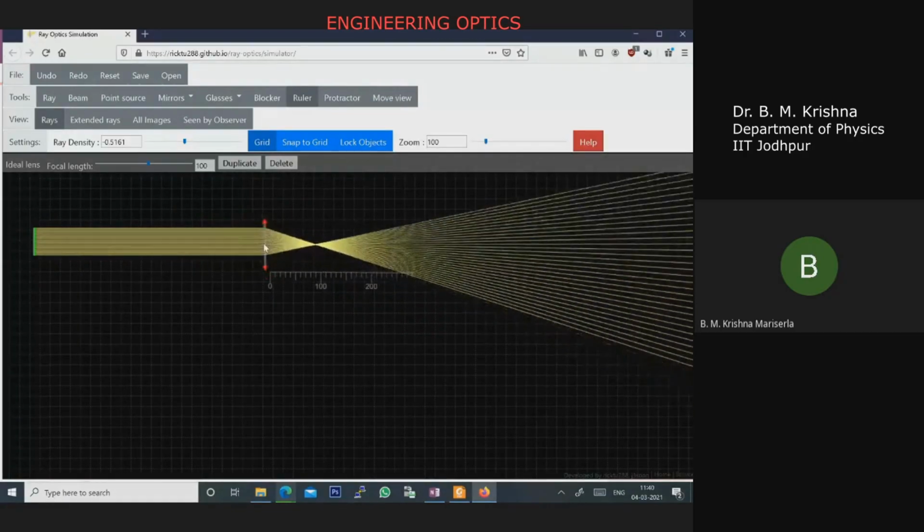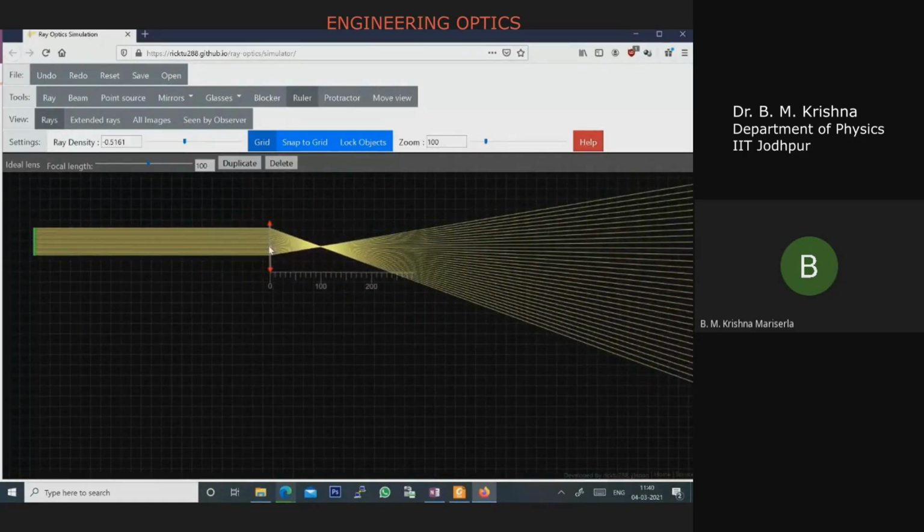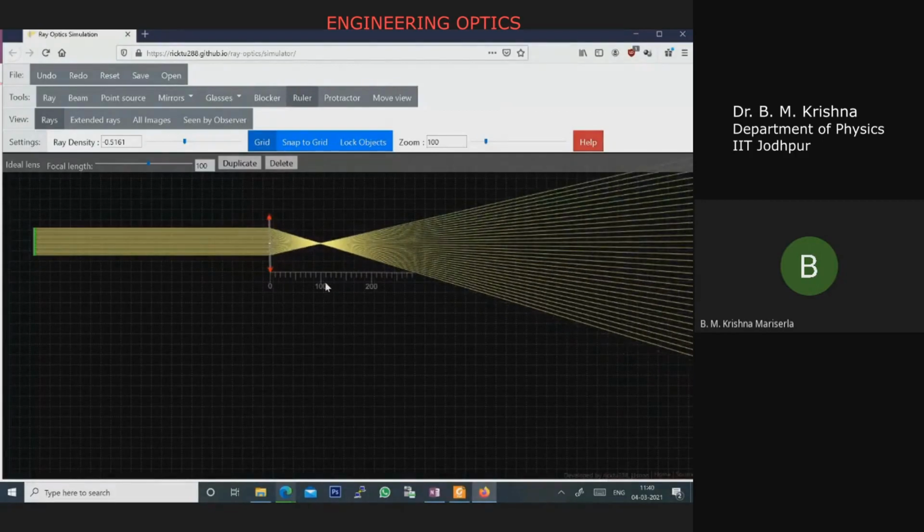In this case, this is roughly a lens having a focal length of 100, depending upon the units you talk about here. Depending on the scale here, the units will follow.